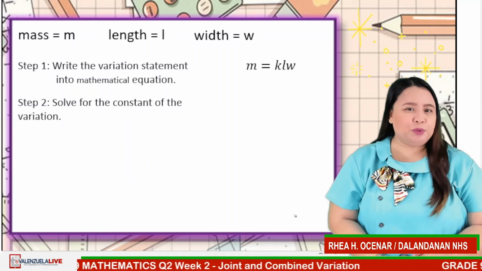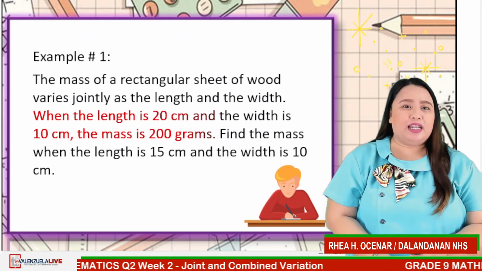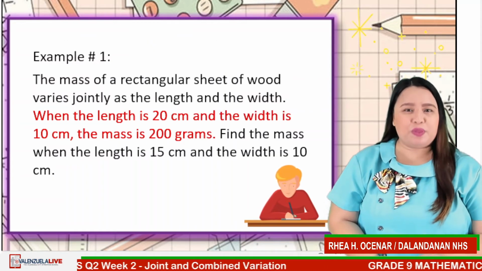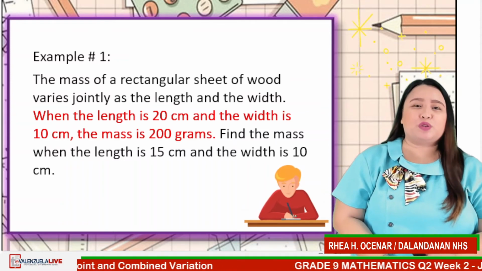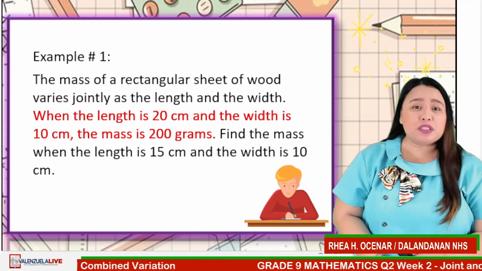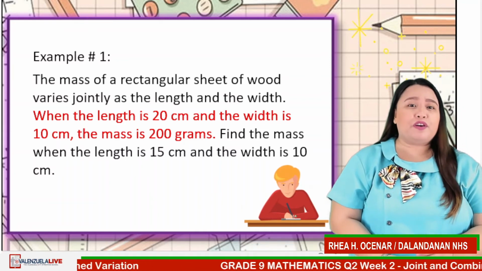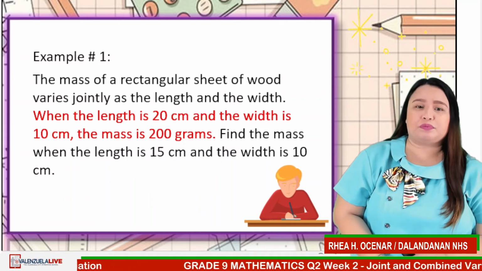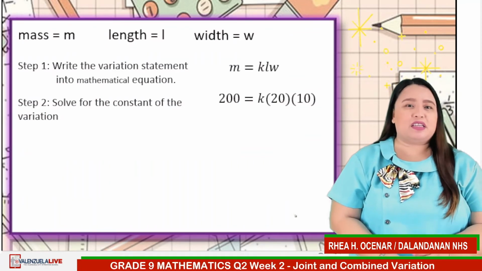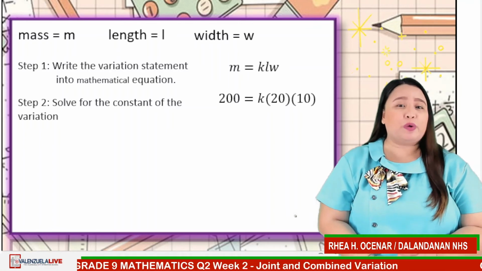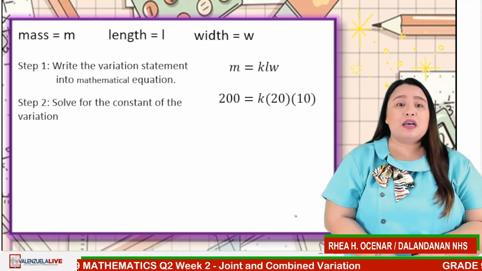In step 2, when the length is 20 centimeters and the width is 10 centimeters, the mass is 200 grams. We use this information to solve for the constant term. So we have 200 is equal to K times 20 times 10.